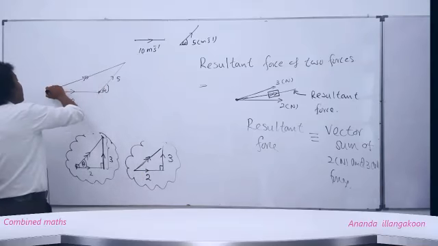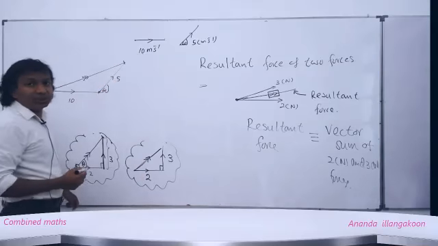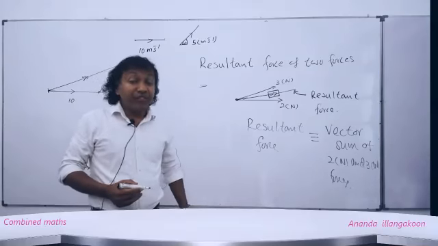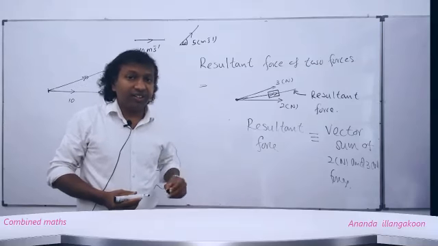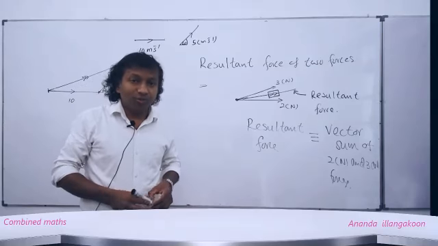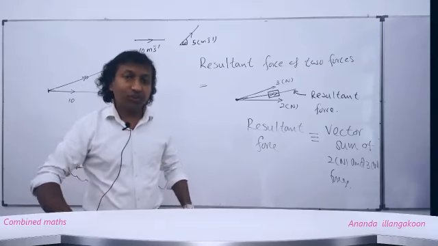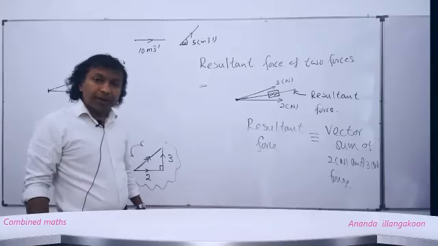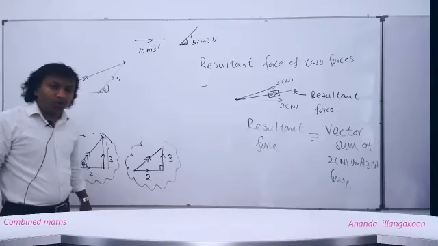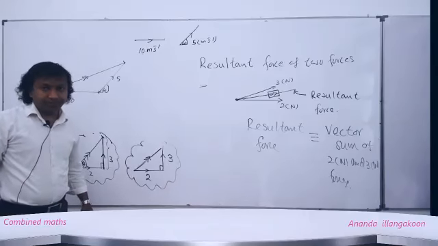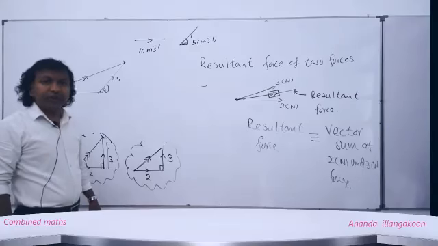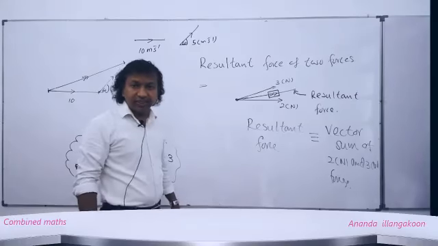Then you can measure this length. That length gives the resultant velocity. With that velocity only, in that direction only, the aeroplane now moves. Understand? So this is found by using the triangle law of vector addition. Understood? Right, people? So this is our next theory.